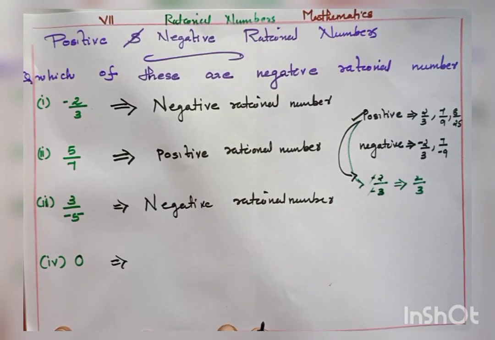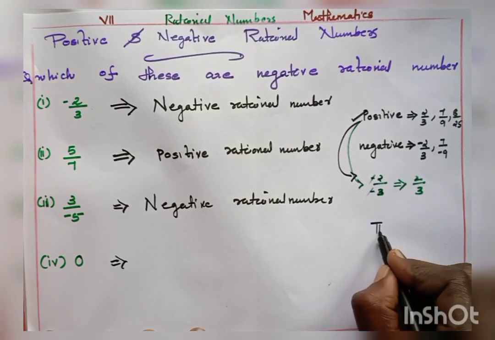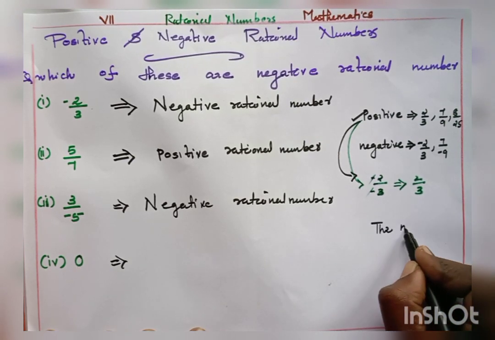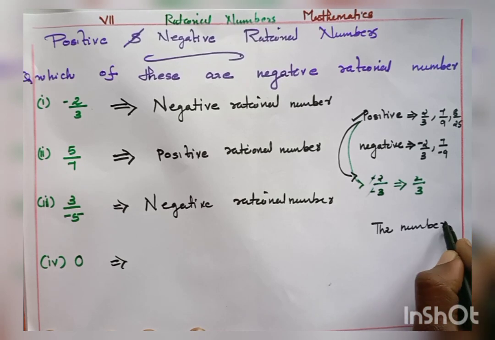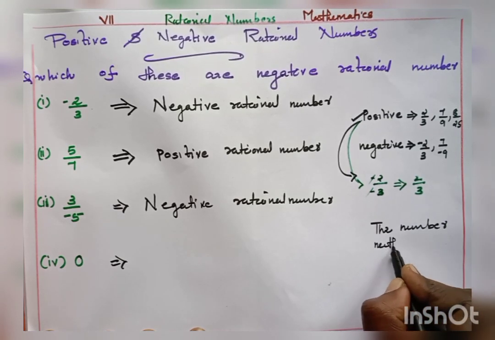Then the last number is 0. So 0, we know the number 0 is neither positive nor negative.